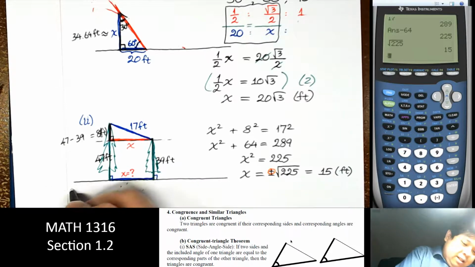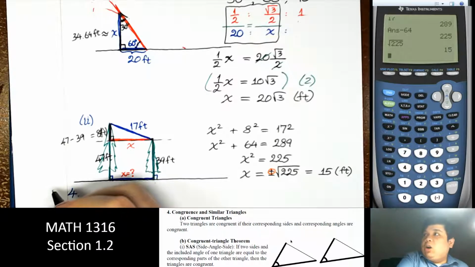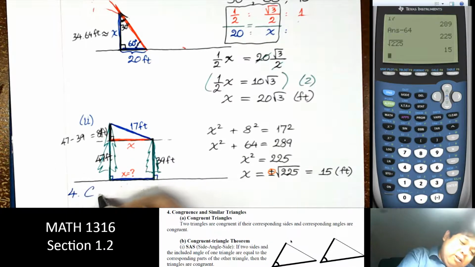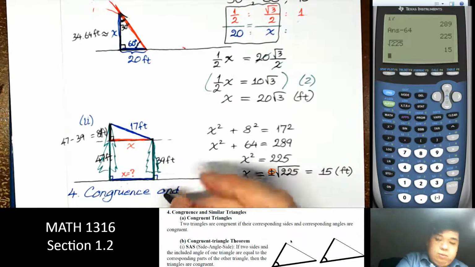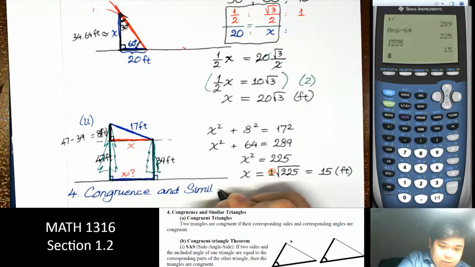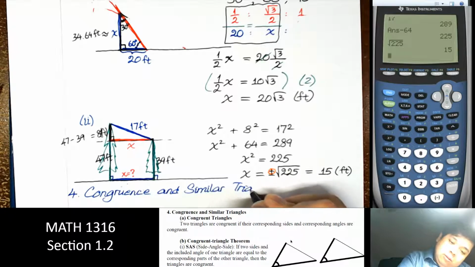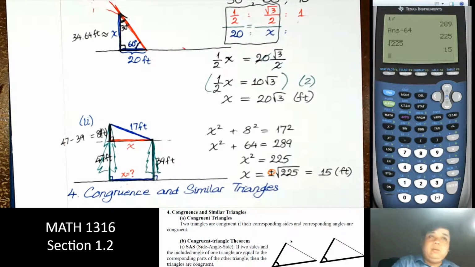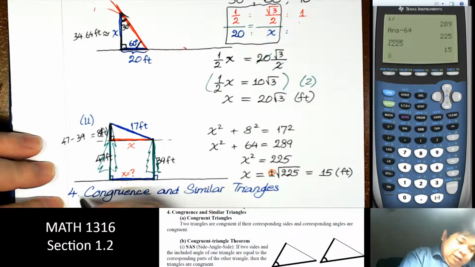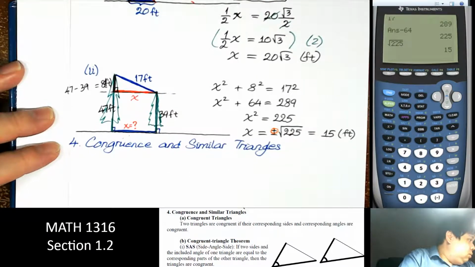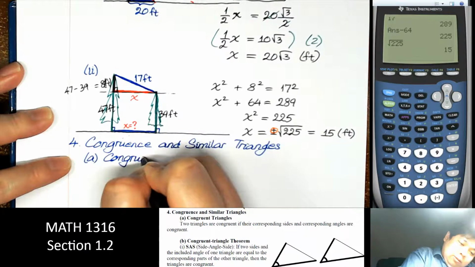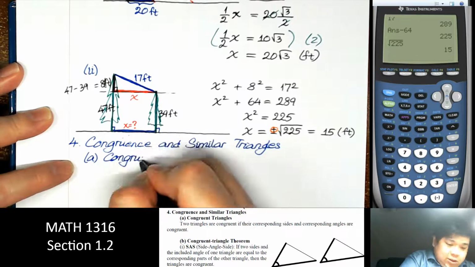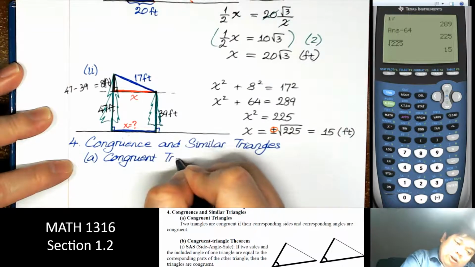Next. This is called congruent and similar triangles.